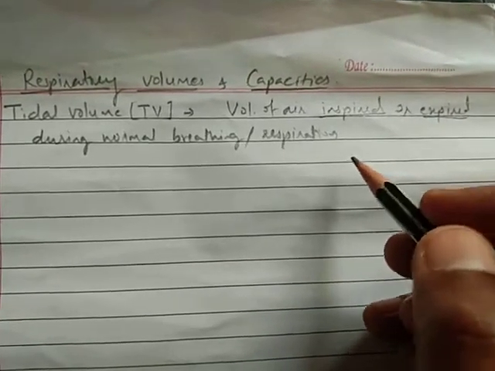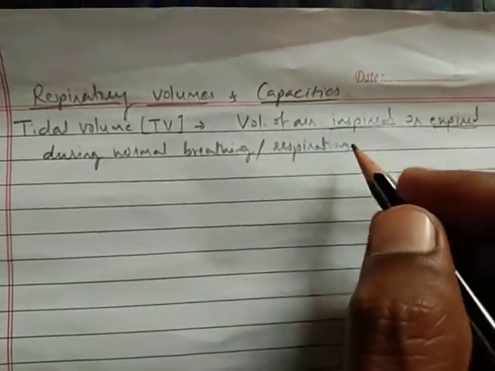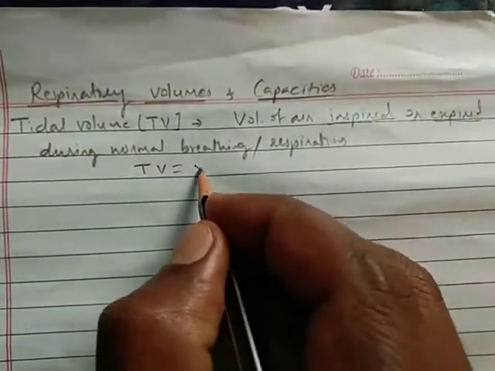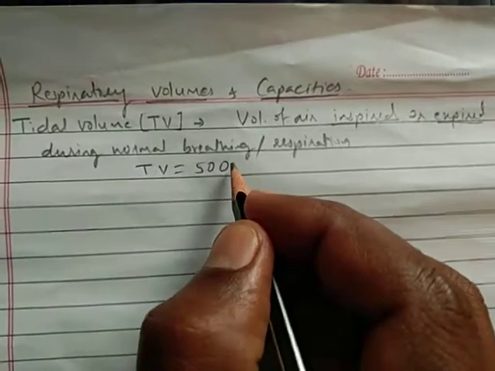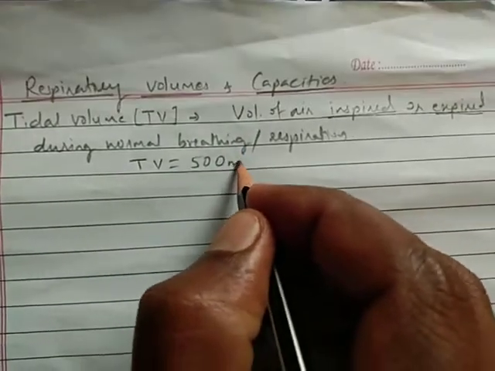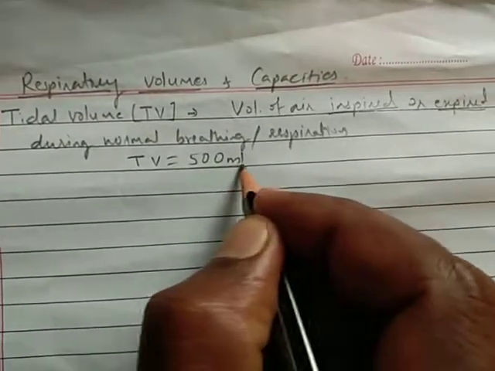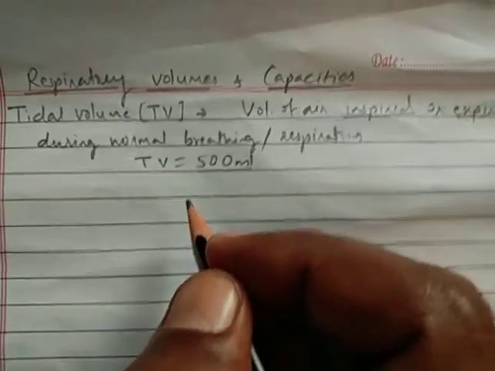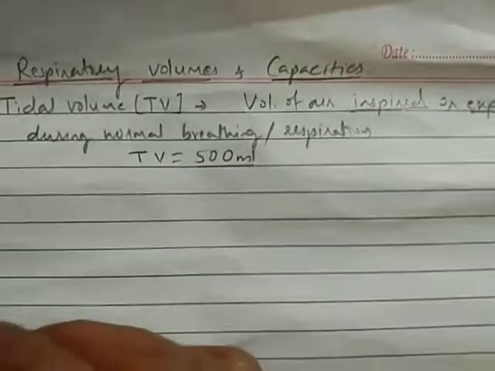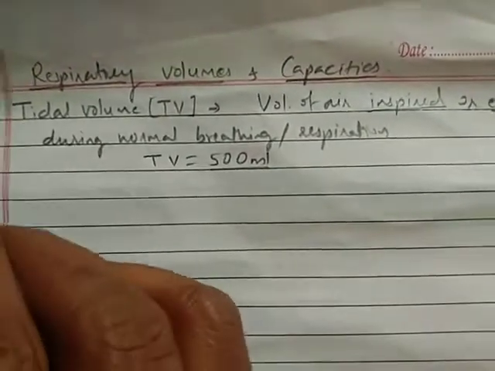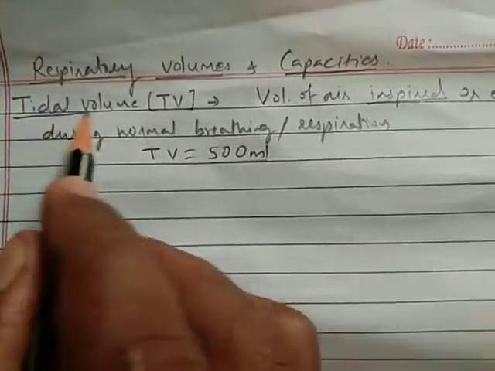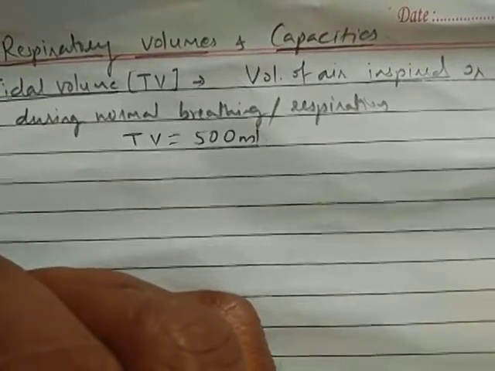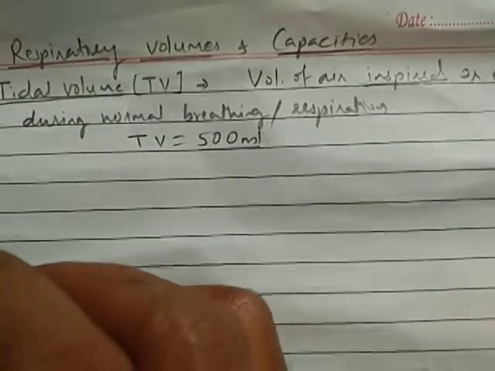This tidal volume, TV, is about 500 ml. This air is measured in milliliters. So this is called the tidal volume.